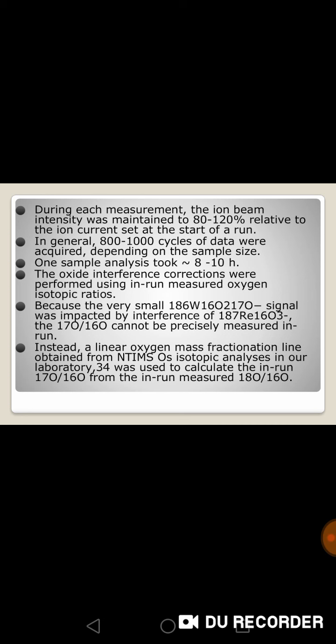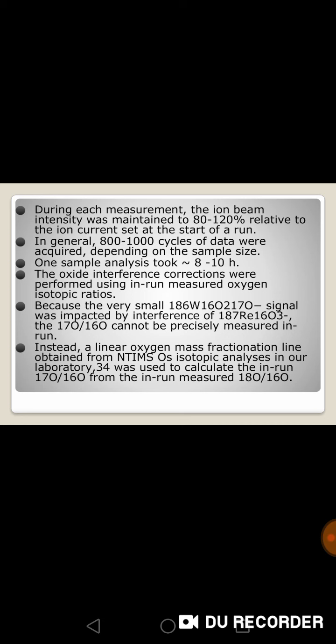The oxide interference correction was performed using an in-run measured oxygen isotopic ratio, because the very small 186 tungsten oxide signal was impacted by interference of 187 tungsten oxide ions, and the ratio 17O to 16O cannot be precisely measured in that run.